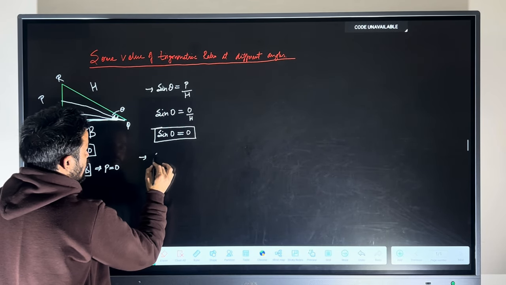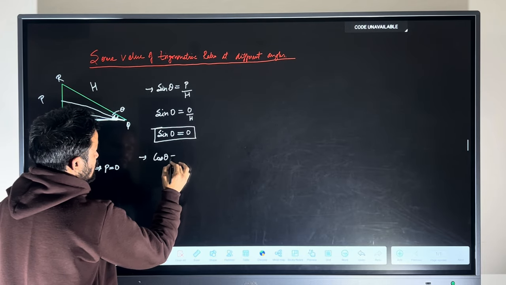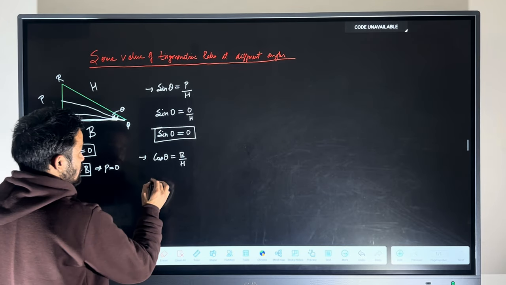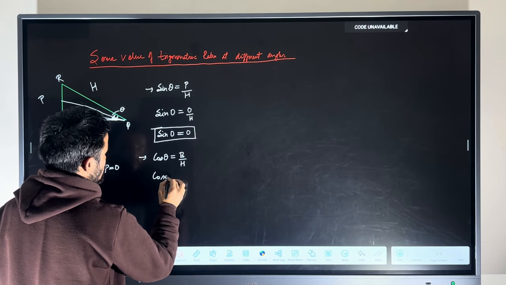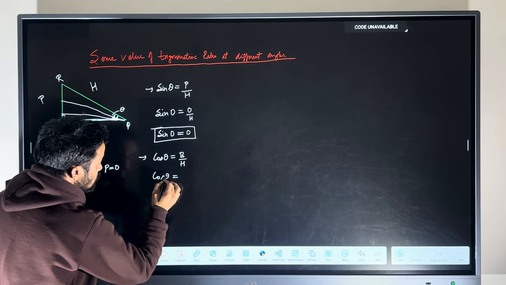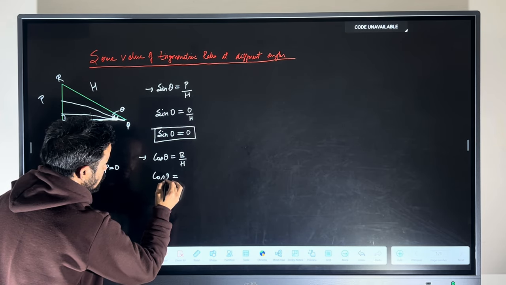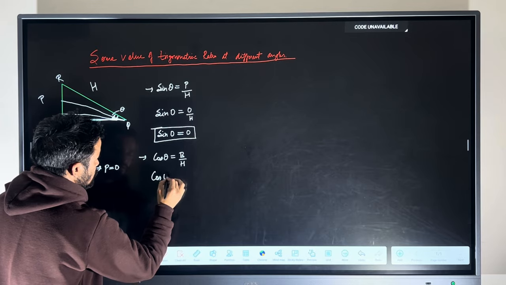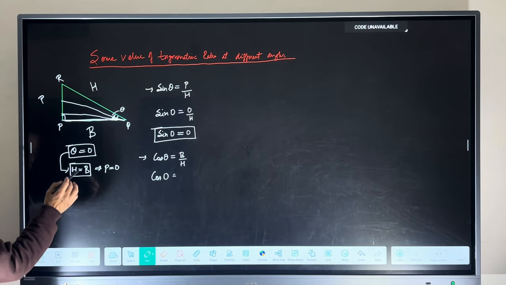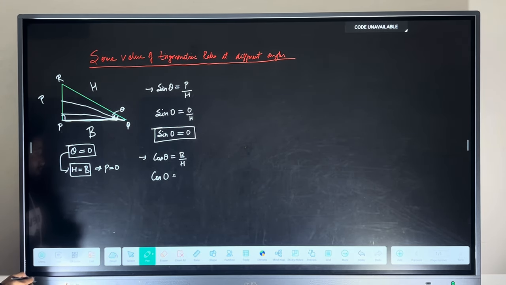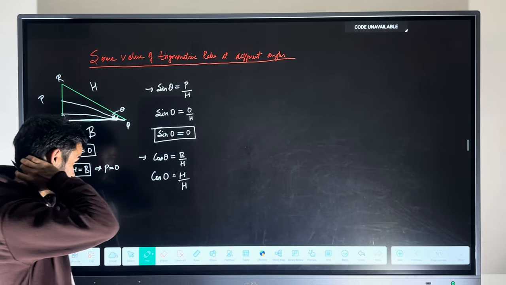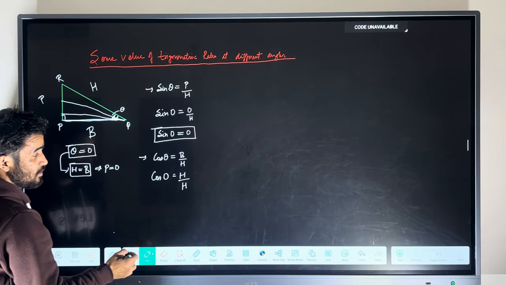Similarly, cos of angle theta is equal to base upon hypotenuse. Now cos 0 is equal to, for theta equal to 0, hypotenuse and base are equal, so in place of base we can put hypotenuse.